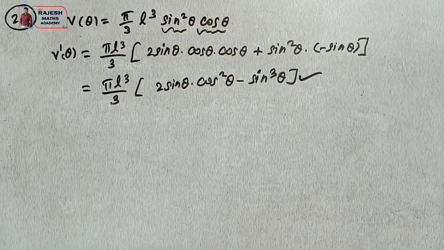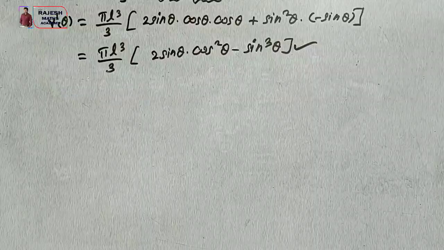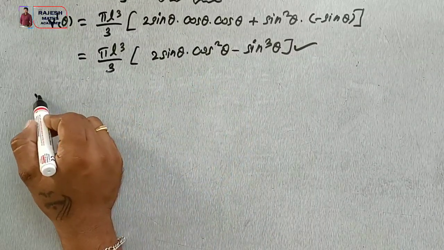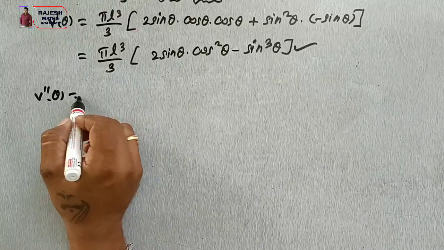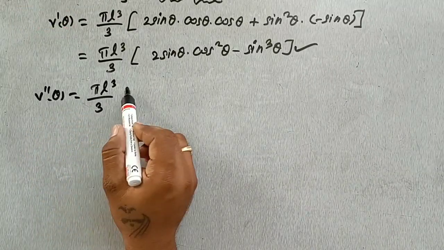Now find the second derivative, that is, we are going to differentiate this function with respect to theta. So we have to apply the UV rule for this again. So V double dash of theta equals pi L cube by 3 outside.